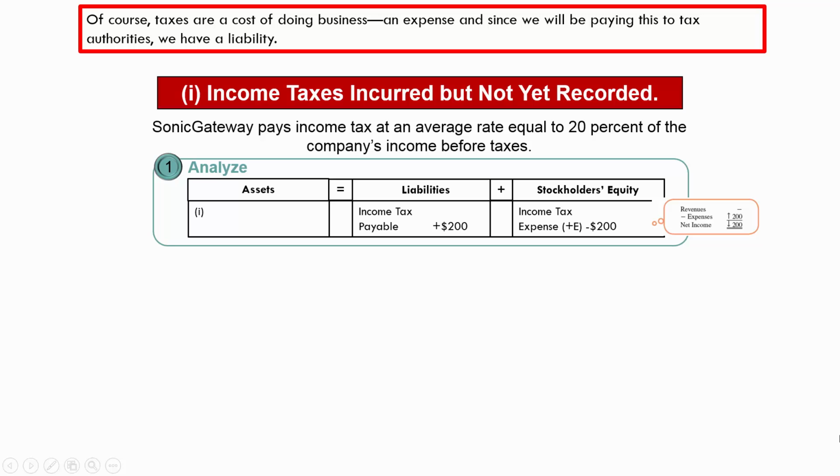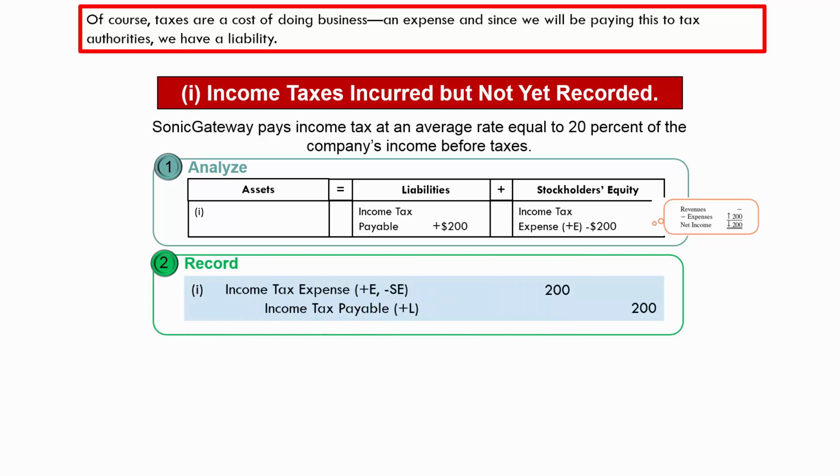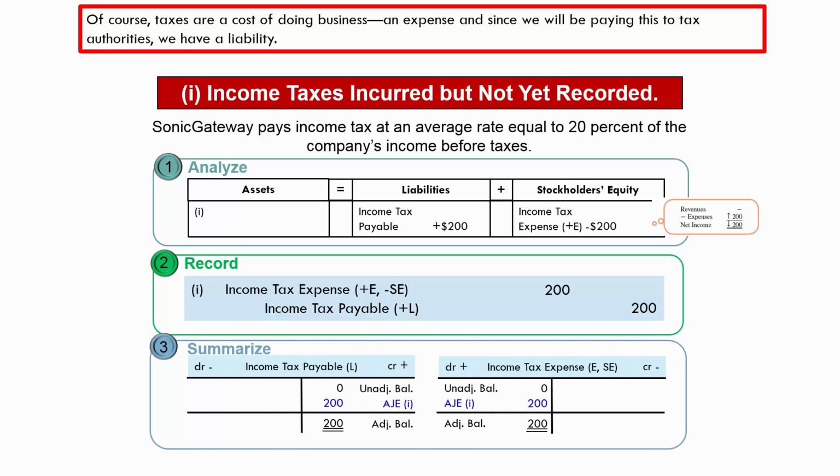Again, income tax expense, income tax payable, and when we go in here, we're going to see that our income tax payable or our liability account owed to the IRS is recorded for $200. And this $200 relates back to our before taxes income statement.